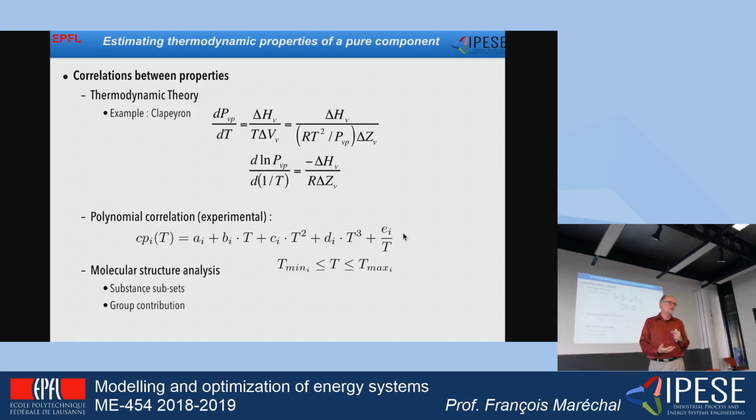And there exist techniques that allow you to estimate the value of those parameters, so that A, B, C, D, and E, by analogy between different types of molecules. And this allows you to do the extrapolation if we do not find the values in tables.